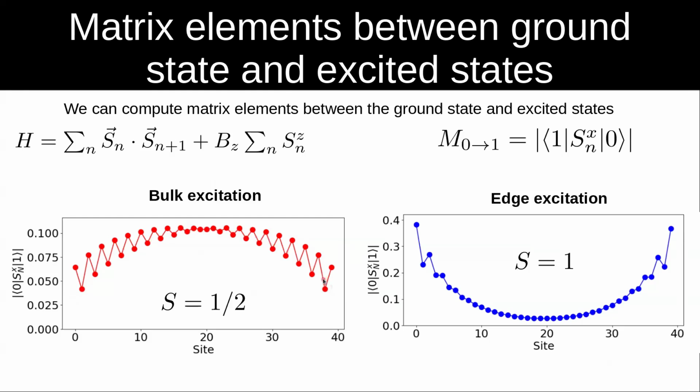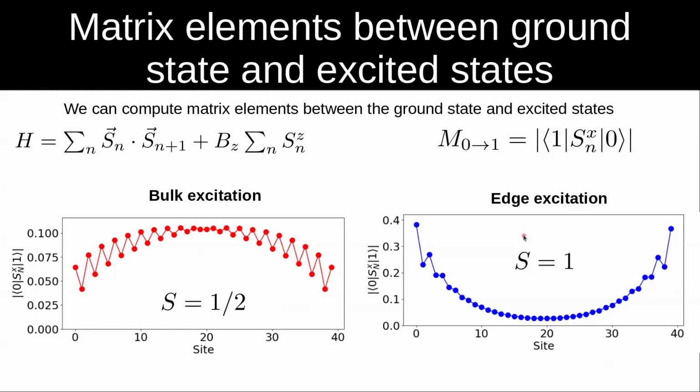If you now take a spin 1 model, so the same Heisenberg model, but replacing spin 1/2 operators by spin 1 operators, the profile that you observe is actually completely different. And in particular, you now see a profile that is minimal at the center and maximal at the edges. And as we discussed before, this corresponds to a topological edge excitation that appears in the spin 1 model.